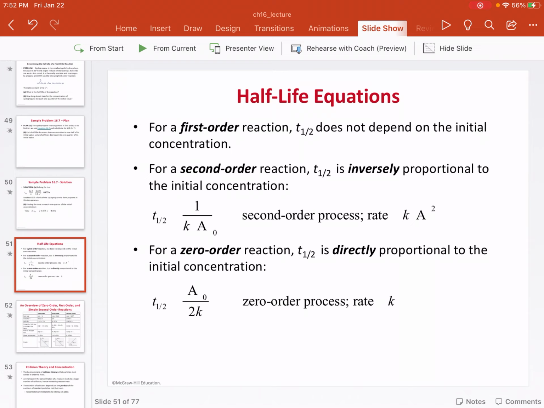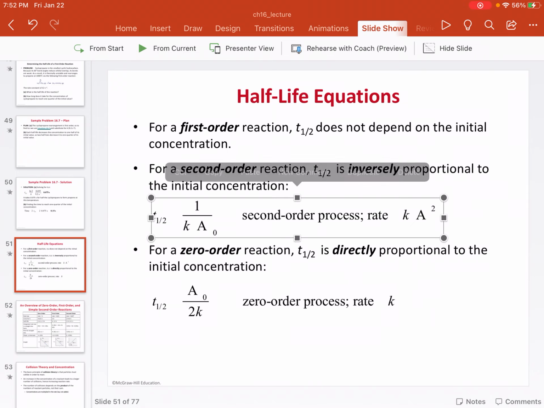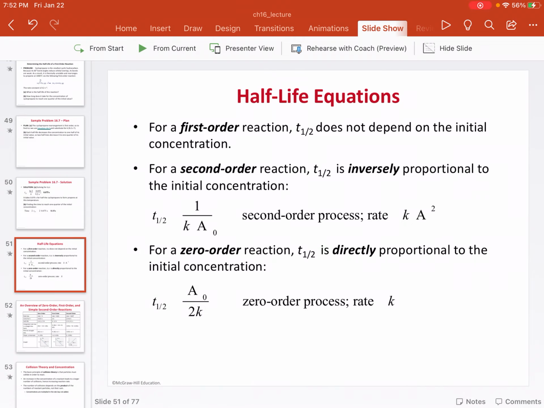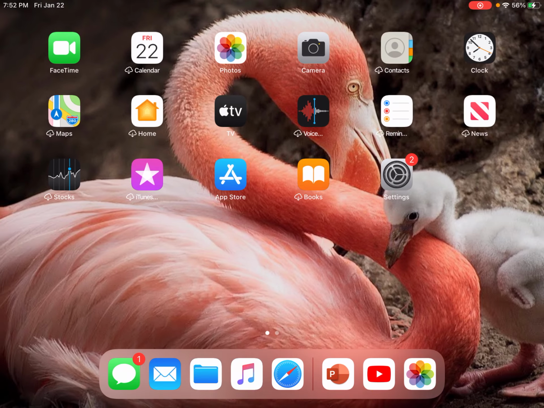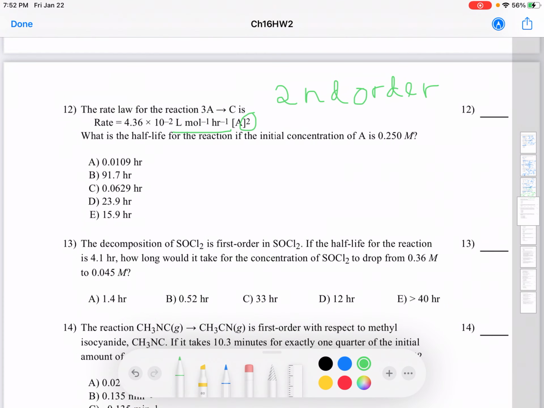For a second order reaction, t half is inversely proportional to the initial concentration. So t half is 1 over k A naught. So that's what you're going to be using. t half equals 1 over k A naught, right?